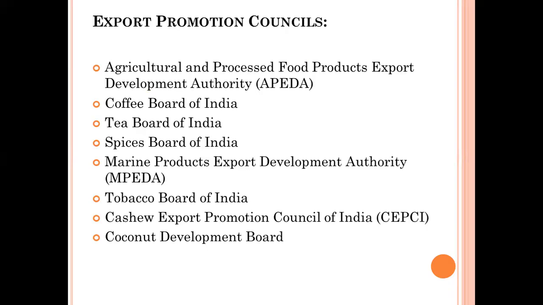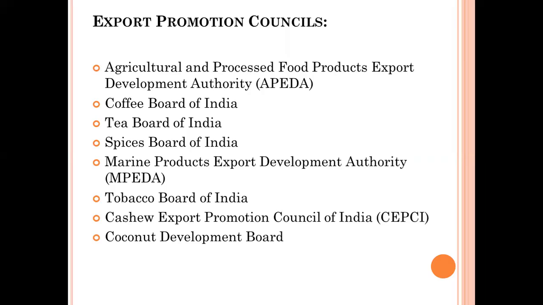Next is agri export zones. APEDA will be for food products and different commodities. For example, tea, coffee, or the spices, or if we think about the marine products, there are different boards which are handling different agriculture commodities. So APEDA will be dealing with some food products, except coffee and tea, because they have their specialized boards.